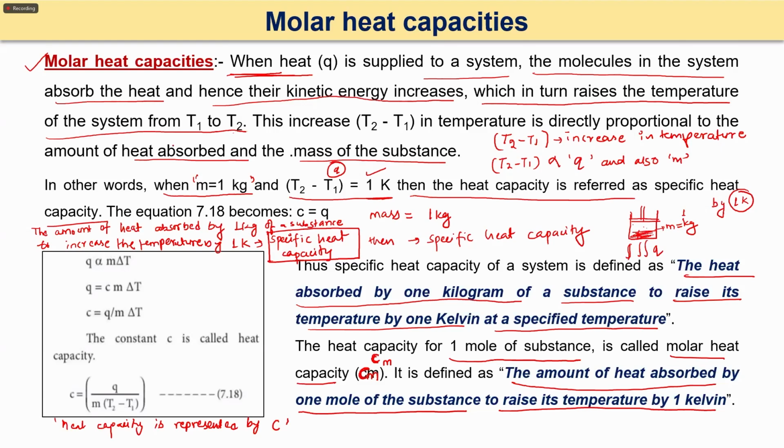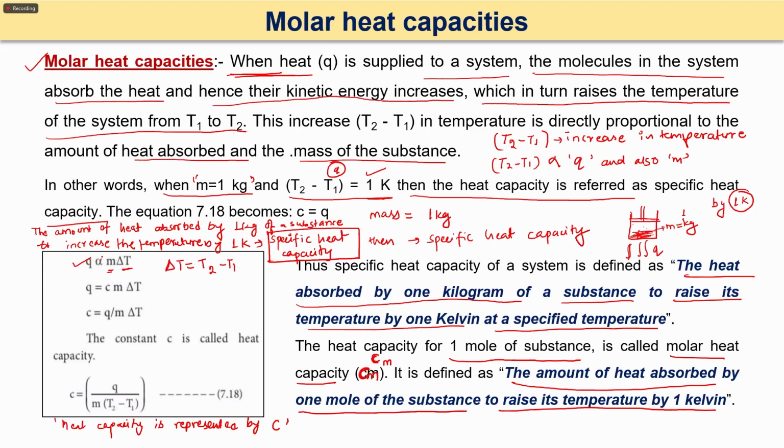Here you can see heat is directly proportional to mass. The heat absorbed is directly proportional to mass and the temperature difference. Delta T is the temperature difference, it is nothing but T2 minus T1.